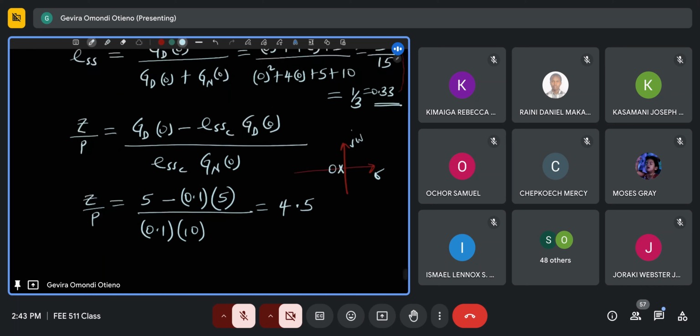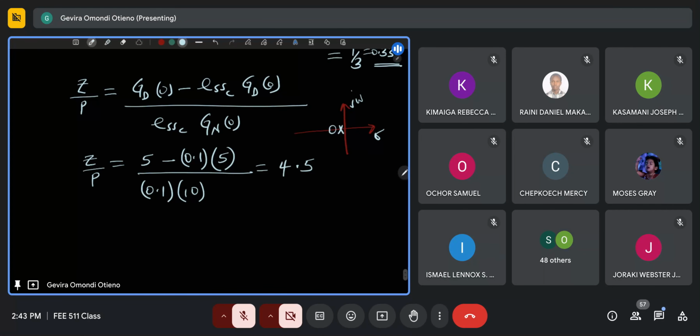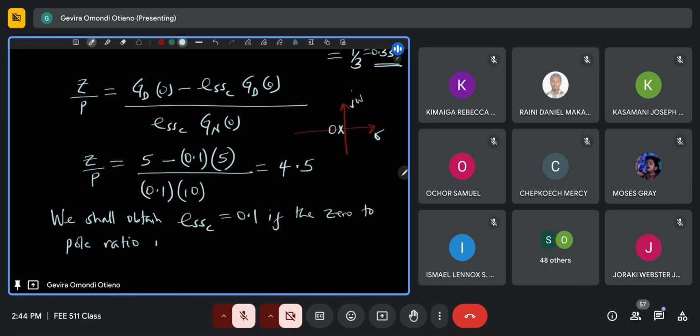But for those who are writing down, you can indicate at this point, so that it's easy to explain, that we shall obtain a compensated steady state error of 0.1 if the 0 to pole ratio is 4.5.